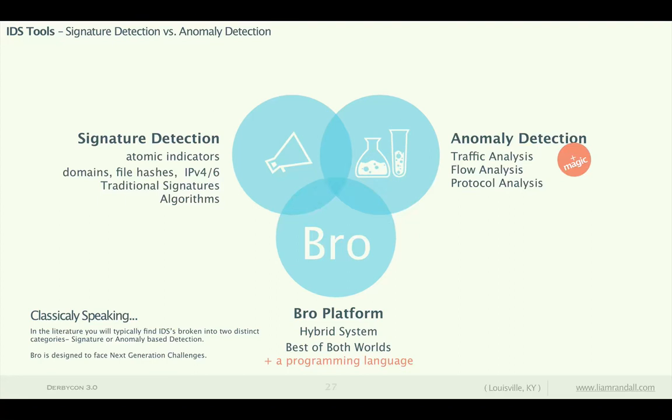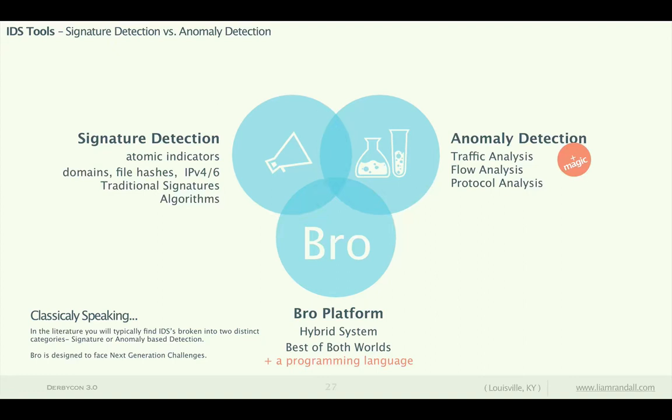This would be like snort rules or atomic indicators of bad things, bad domains, bad file hashes, bad IPv4, v6 addresses, and so forth. Anomaly detection is defined somewhat differently depending on where you check, but I think that it generally means that you're going to use things like traffic analysis, flow analysis, and protocol analysis with a little bit of magic and special sauce to sort of determine when things are different on your network.